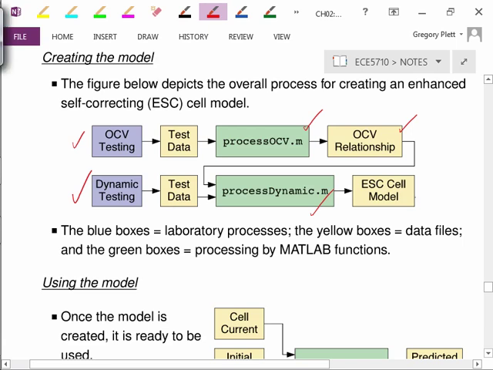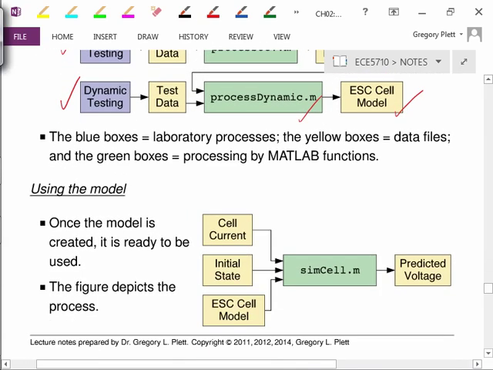And that gets saved in a data file, a MAT file, which is the enhanced self-correcting cell model for that particular data set. So again, blue equals lab processes, yellow equals data files, green equals processing by MATLAB functions. So all the code is written, but please open it up, have a look, and see what's going on.